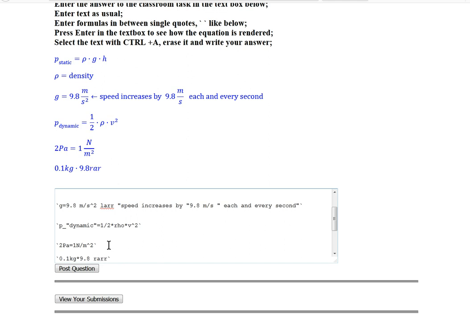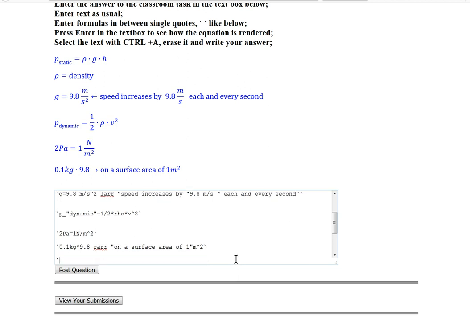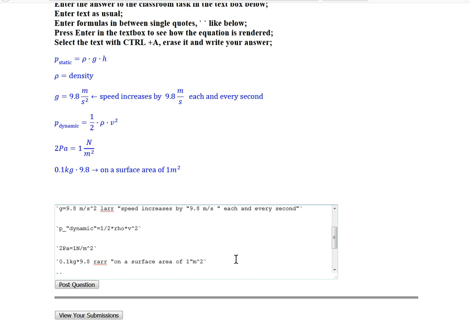And if you place that on a surface area of 1 square meter, 1 meter long, 1 meter wide, then you have a pressure of 1 Newton per square meter, or 1 pascal.